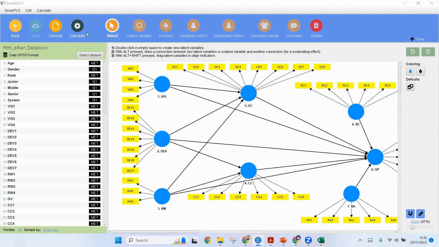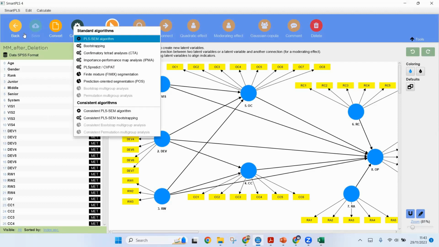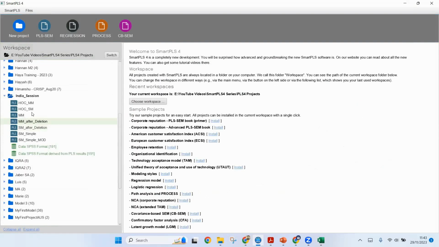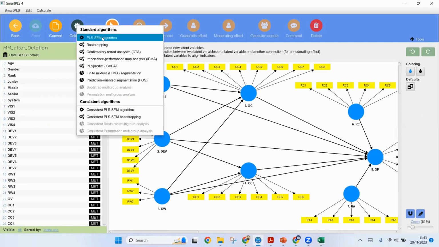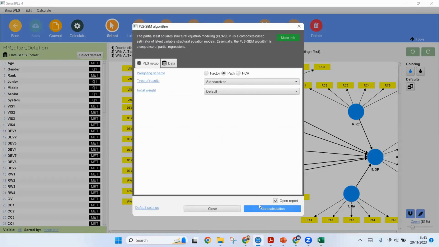Now, once you run this model, you go for latent variable scores, you get your latent variable scores, and you again do the same thing. Okay, let me do it again. So we go to calculate, PLS SCM algorithm, start.